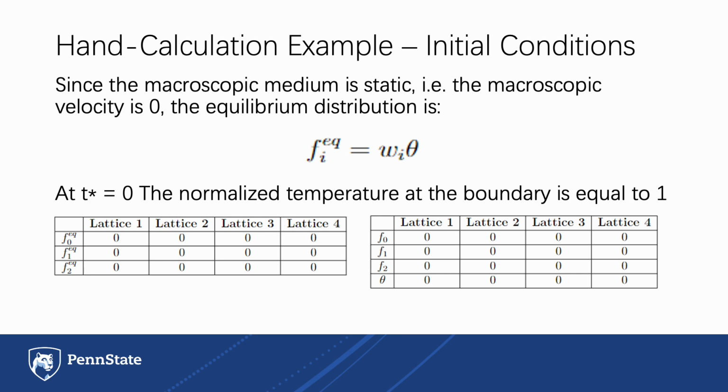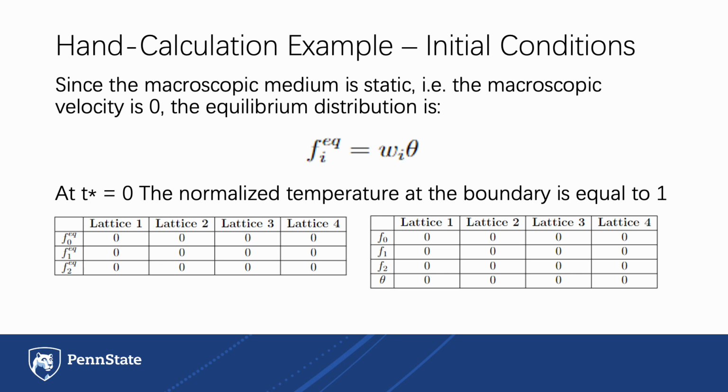This means the whole rod is at the lowest temperature, and as the macroscopic medium is static, with no macroscopic velocity, the equilibrium distribution is just the weighting factor for the lattice we selected, which in this case is 4 over 6 for node 0, and 1 over 6 for nodes 1 and 2.